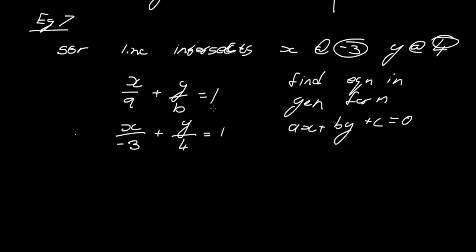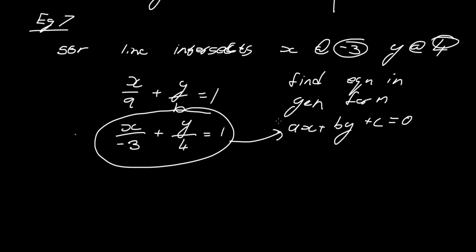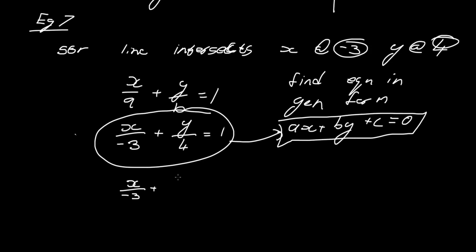So all we're going to do is manipulate this equation to get it into this form. Let's start by getting everything on the left hand side so that the equation is equal to 0, as in the general form. So we've got x over -3 plus y over 4 minus 1 equals 0.